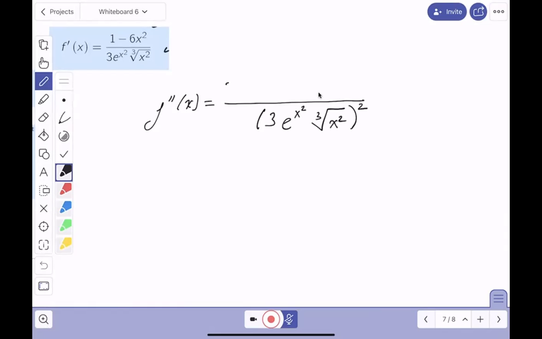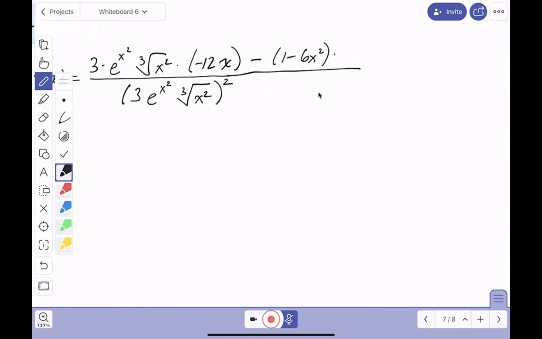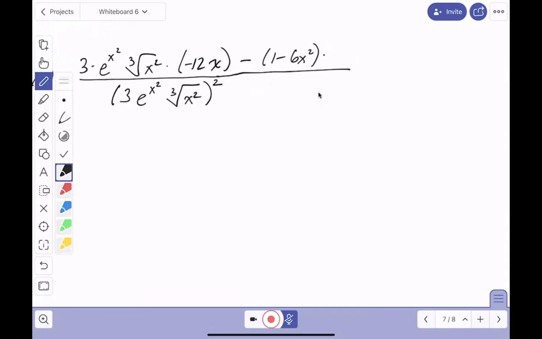Bring the bottom to the top, times the derivative of the top, minus the top, times the derivative of the bottom. Well, that's going to be a lot of work for me, but I got to do it for you.